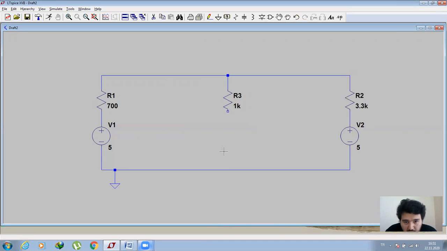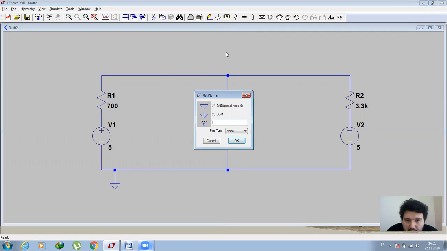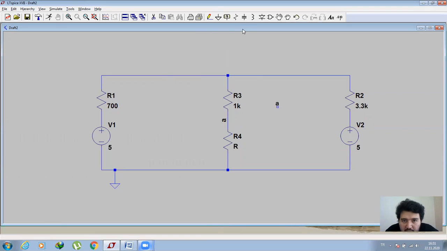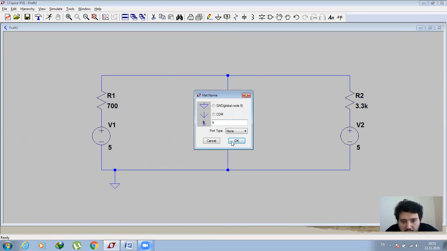So we have nodes A and B here. I am showing this node with a resistance. I'm adding an extra resistor here for measuring the voltage and current between node A and B. So I'm assigning node A here, and node B here.